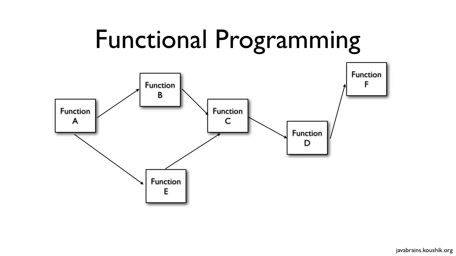Each function accomplishes a particular unit of work, and then a function can call other functions, and that's how they talk to each other. And a single program consists of all these different functions, and then they all call each other, and when the last function ends, that's when the program is complete. So this is the way you would think if you would write code in a functional programming language. You think of them as different functions.